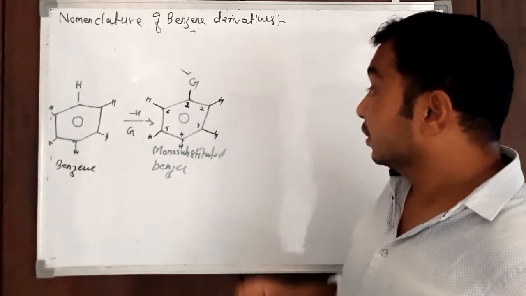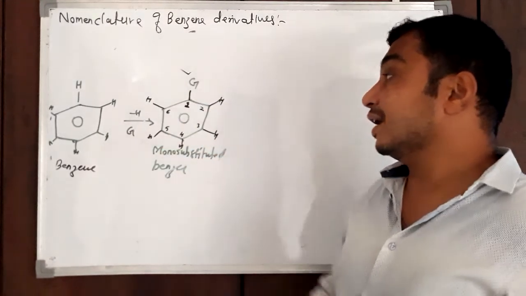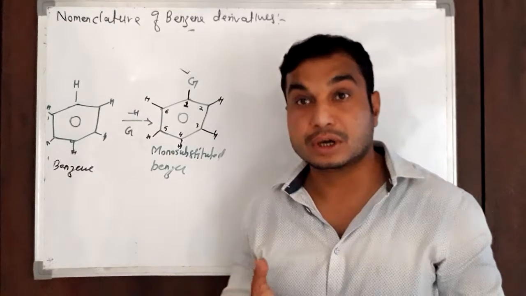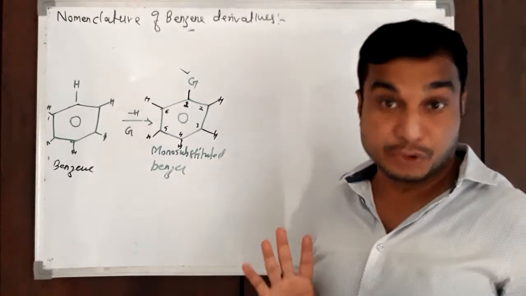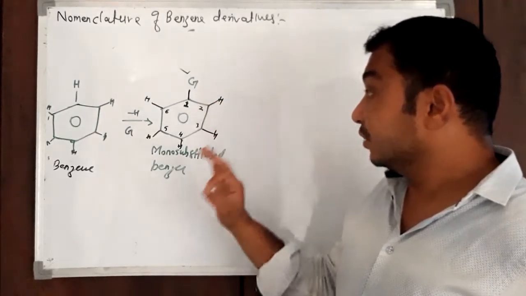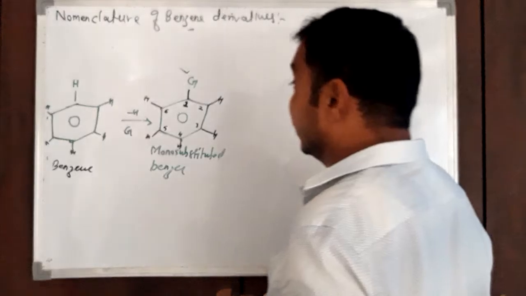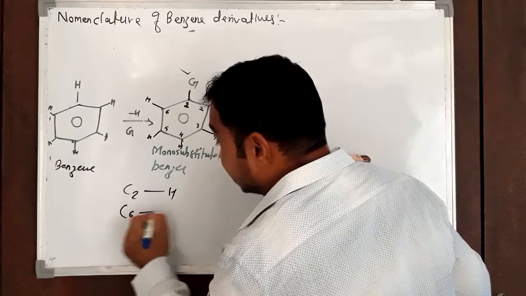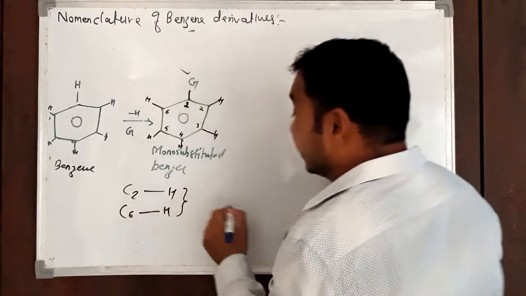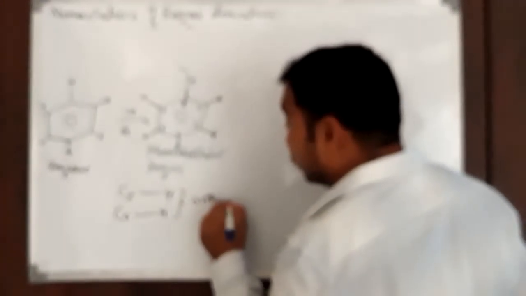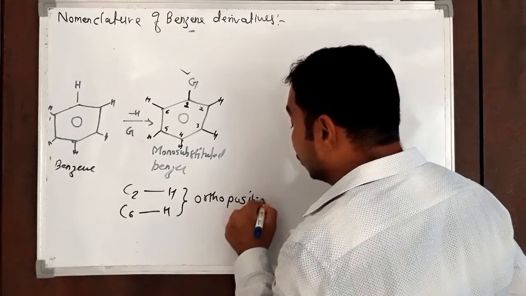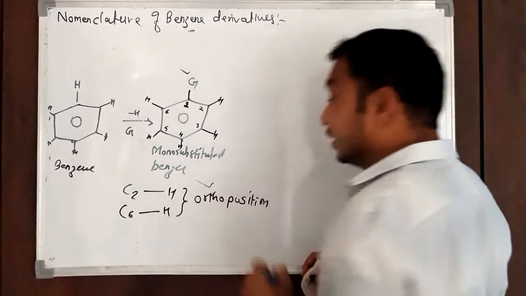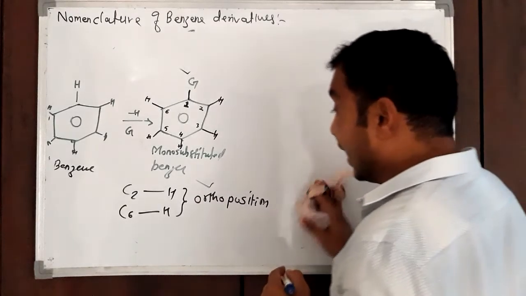Out of these 5, the hydrogens attached at carbon number 2 and carbon number 6 are identical with each other. These two hydrogens are called ortho hydrogens. Carbon number 2 and carbon number 6 are called the ortho position.